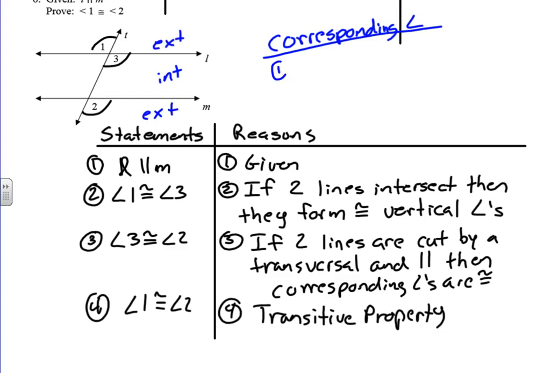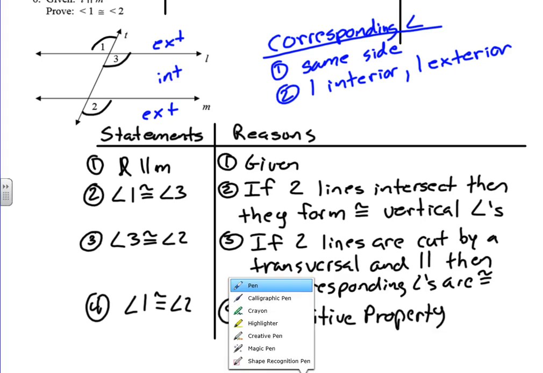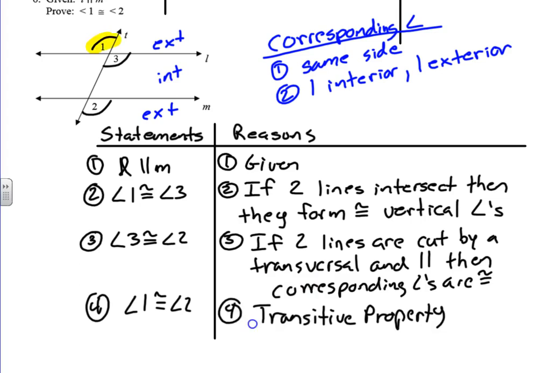With corresponding angles, they're on the same side of the transversal, and one is an interior angle and one is an exterior angle. So we've got one interior, one exterior, on the same side, and like we've talked about earlier, one of the angles has to come from this group and one of the angles always has to come from this group down here. So that's why 3 and 2 are corresponding, if you're having some trouble with that.